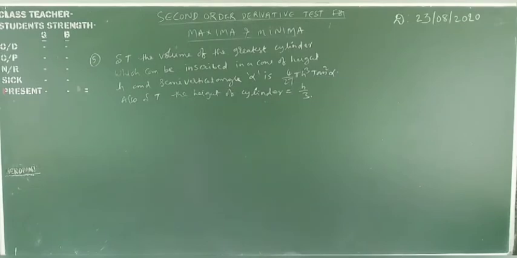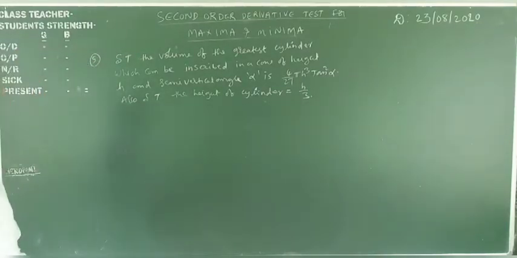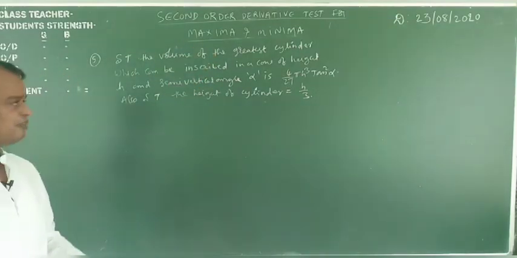Okay, my dear students, we are going to the next problem. Show that the volume of the greatest cylinder, meaning maximum volume, is greatest. Cylinder volume is pi r square h, you know very well.